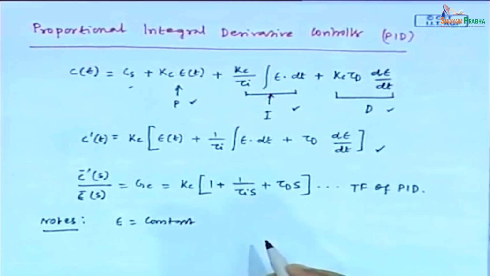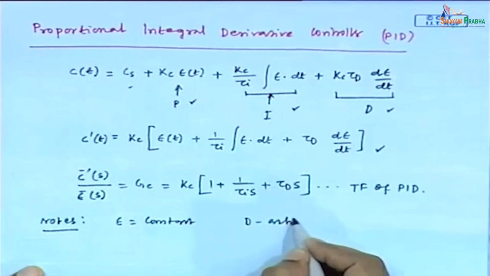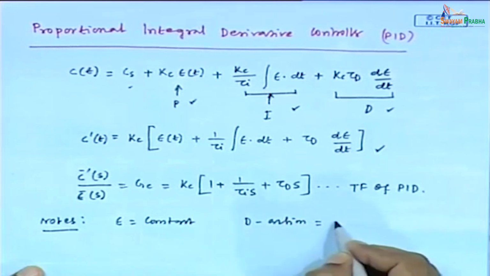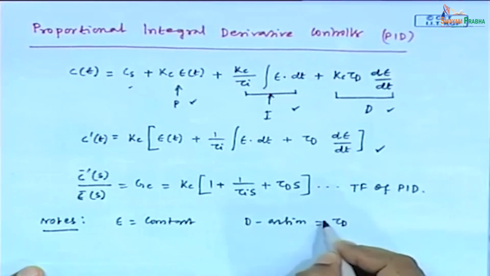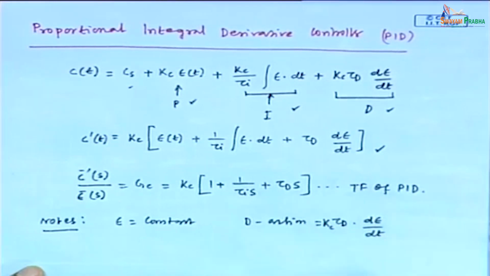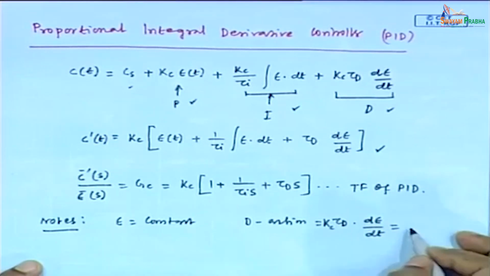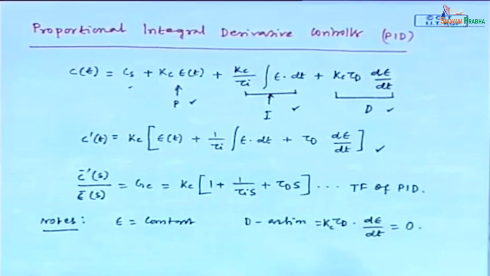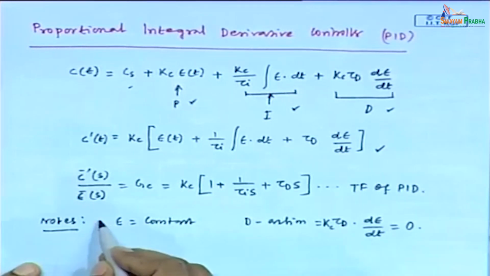There is no existence of derivative action, because derivative action is equal to Kc tau d d error dt. If error is constant, then the differentiation of that with respect to time becomes 0. So, this point we can note down as first point.